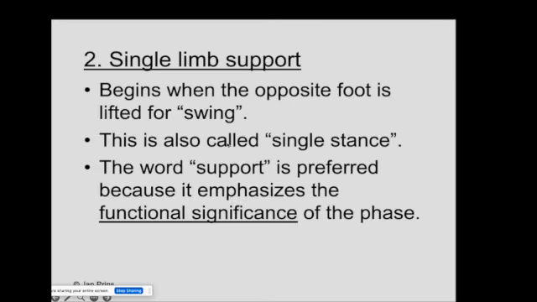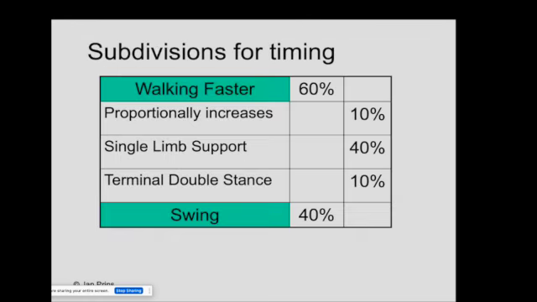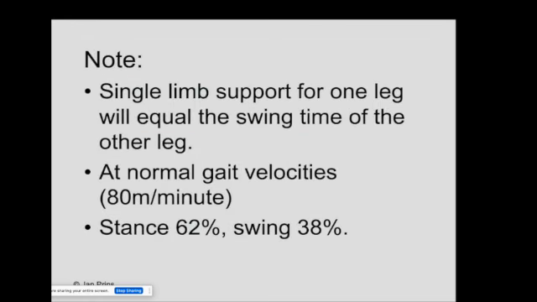You see, the book called it single stance, but we don't like that. Support is preferred. Terminal double stance. That's when the other foot is now hitting the ground. Note, single limb support for one leg will equal the swing time of the other leg. 62% on the ground, 38% in the air.